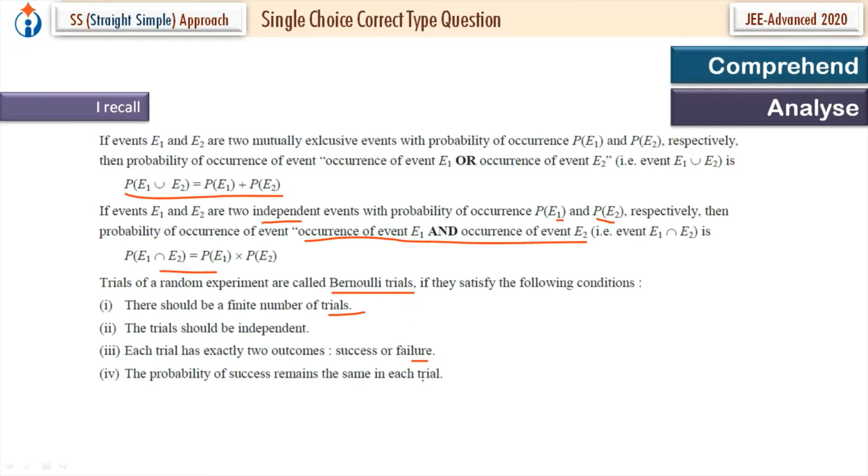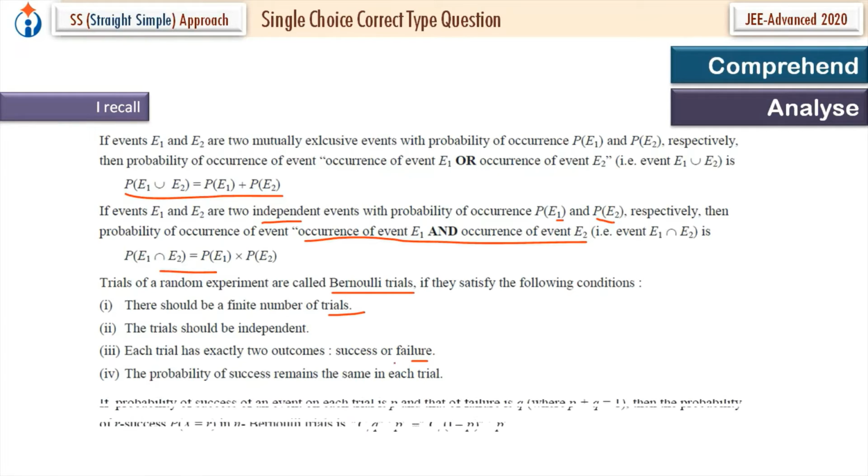So, from NCERT, Bernoulli trials: if the probability of success on each trial is P and that of failure is Q, where P plus Q is equal to 1, then the probability of R successes, that is random variable X equal to R, in n Bernoulli trials is nCR, Q to the power n minus R, P to the power R, and we can put the value of Q, which is 1 minus P, and we get this. So all results from NCERT, and we will use them.